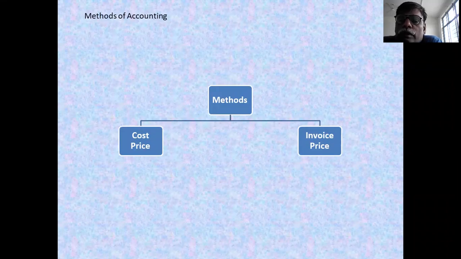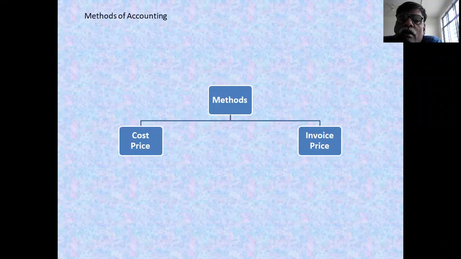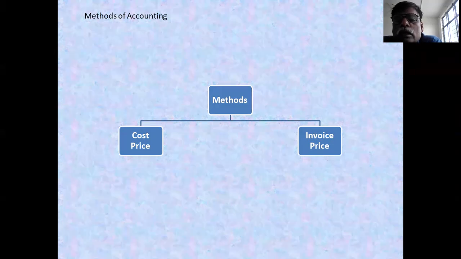In the cost price method, consignor sends the goods to consignee at the cost price of the goods, and consignee sells those goods at more than the price stated. And in the second case, instead of sending the goods at cost price, consignor sends the goods at invoice price.